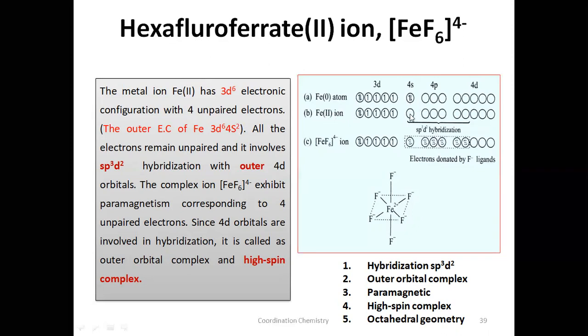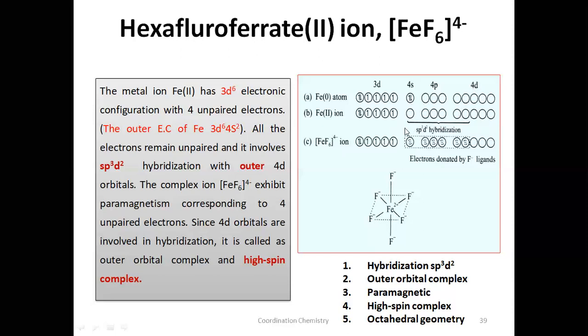So 1 from 4s, 3 from the next orbitals, that is 4p orbitals, 3. And how many do we need more? We need 2 more, so we have to take those from the next shell, that is 4d. Two more empty orbitals are from 4d.